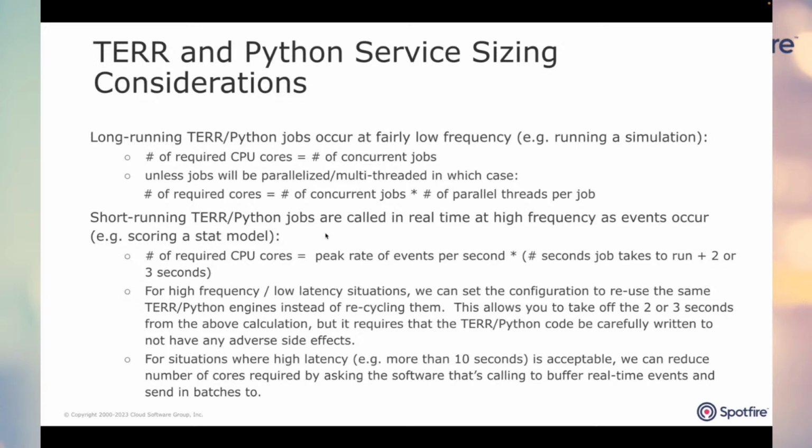It also depends on what triggers it. Are they commonly triggered in an environment? Is it the big button on a page that everybody's going to be on and clicking multiple times? That plays into how many Terra and Python services you need to support that, and the size of them. One of the things I've seen is that typically not every analysis file has a Terra Python script.